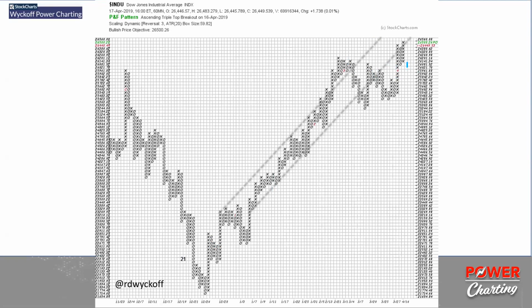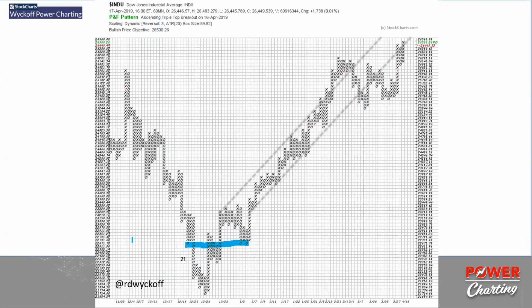So we have a range bound condition here, and this count right here is on a 60-minute chart at 3-box reversal method, and the box size is 5982 ATR scaling.